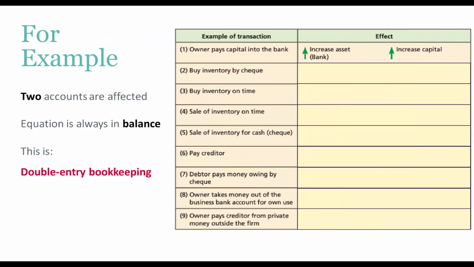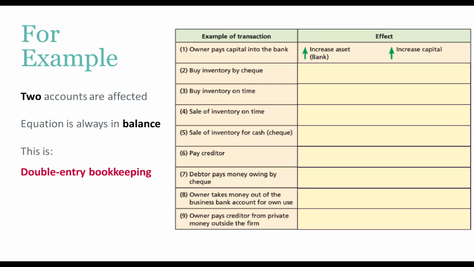And one account will sit on the debit side and one will sit on the credit side. You get the point? So that's what happens. The one will sit on the debit side, then the other one will sit on the credit side, and they all have some effect on the general equation.